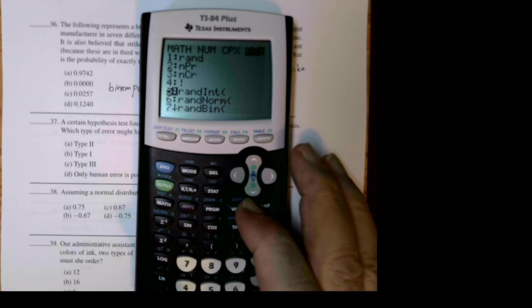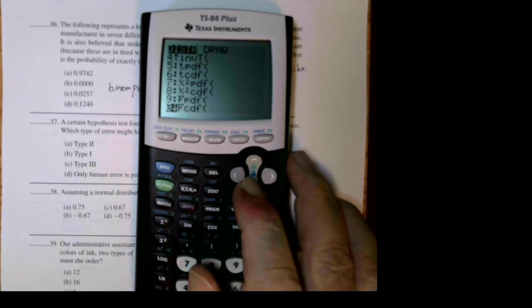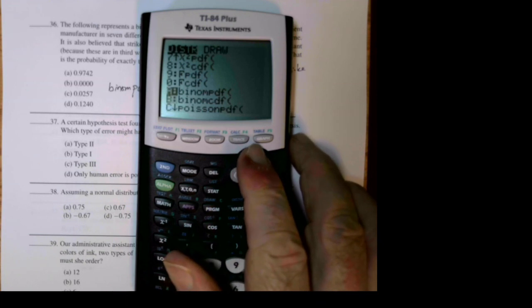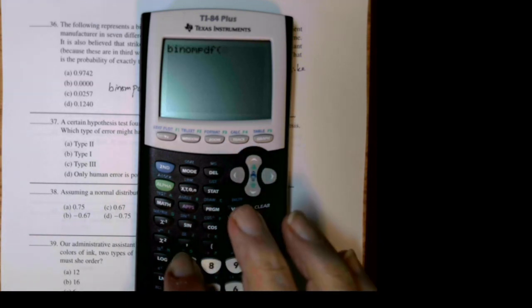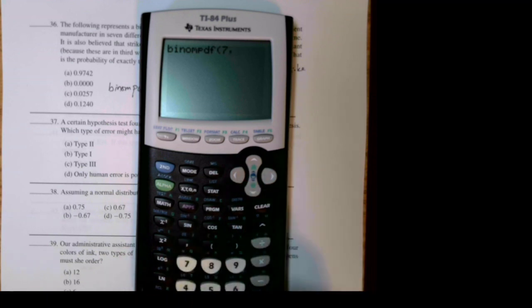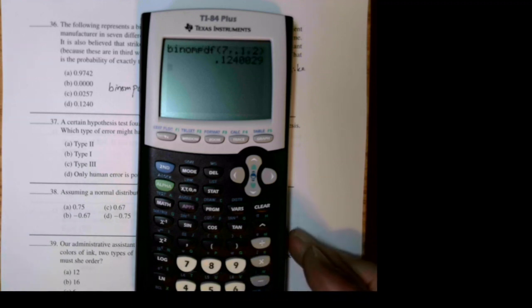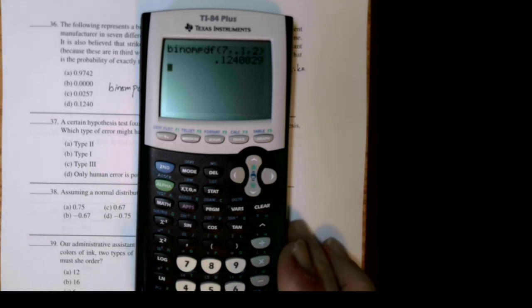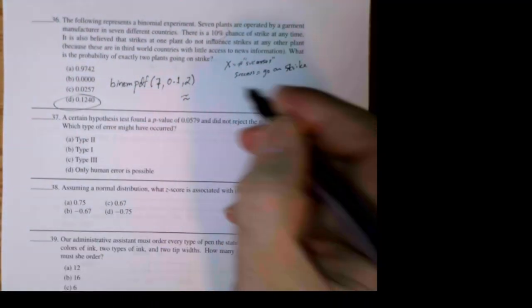You go to the distributions menu, second vars, and you have to arrow down really far until you get to Binompdf, right? And then you can put in these numbers. There's n, 7, p is 0.1, and then x here is 2. And that turns out to be 0.1240, pretty close. And sure enough, that's one of the choices.